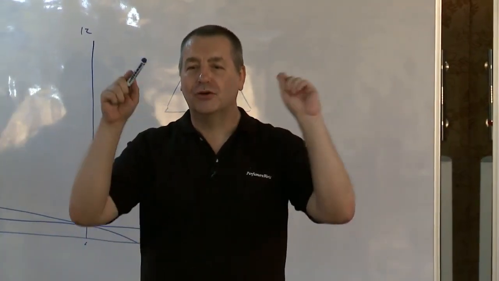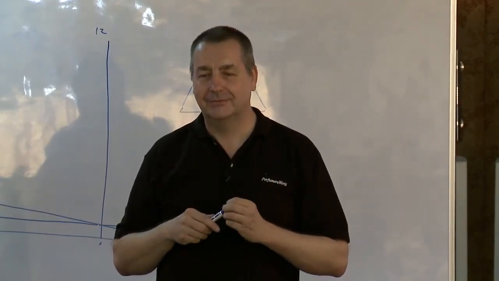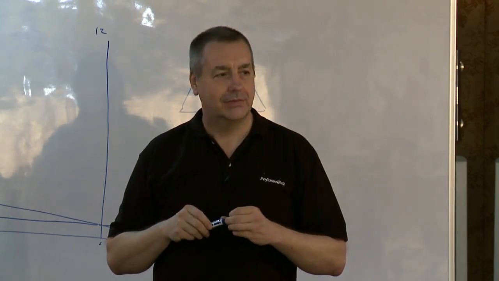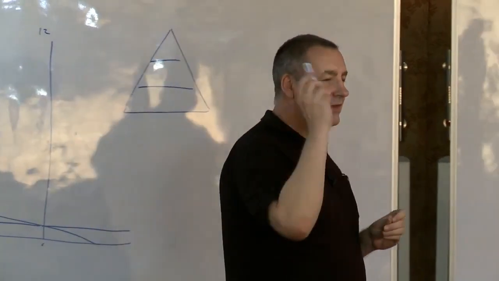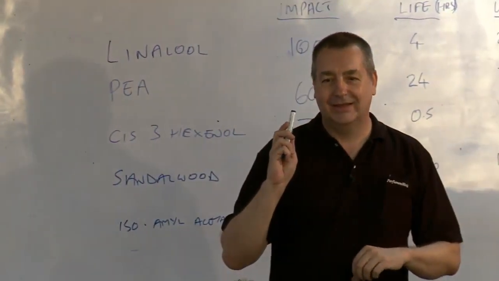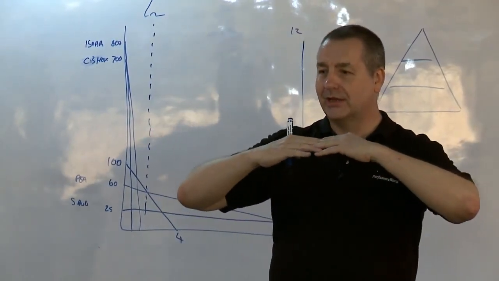Now look at your graphs again. Is sandalwood a top note? Yes, because everything is in the top note. It's not a case that sandalwood sits at the bottom, like a crab.